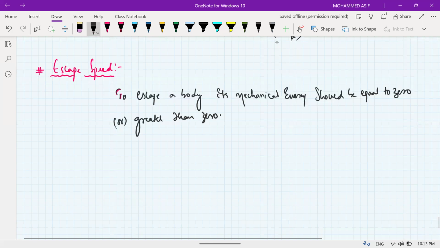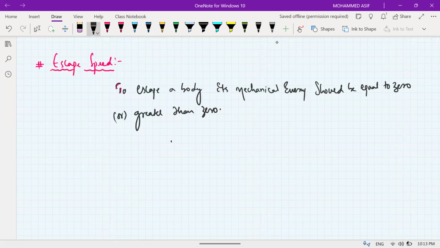And what is the mechanical energy, beta? Mechanical energy formula: total initial energy must be equal to total final energy. What is telling in the problem? The concept is telling that total mechanical energy should be equal to 0. That means total initial energy must be equal to 0.